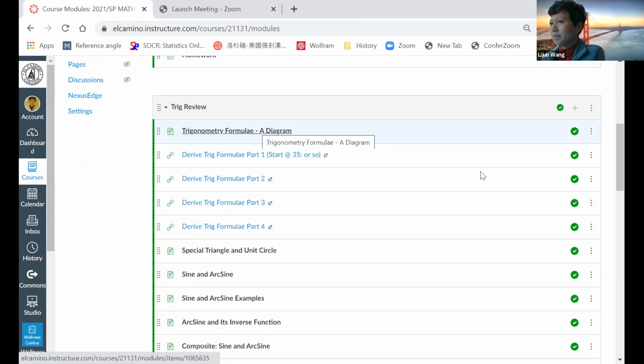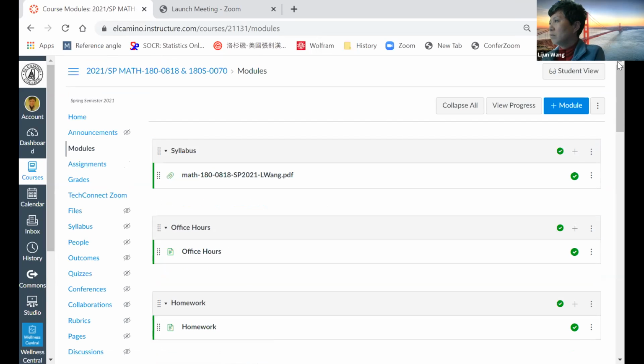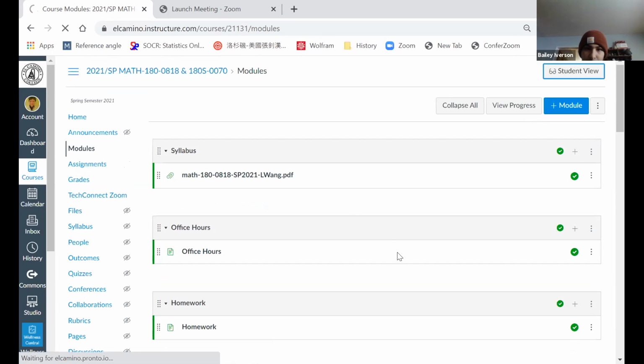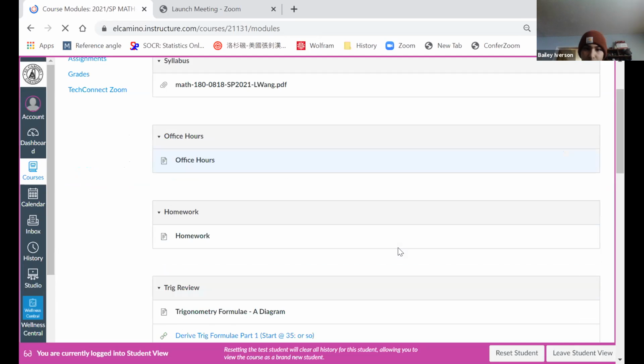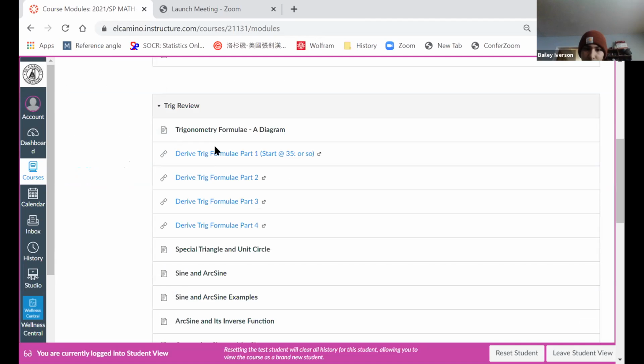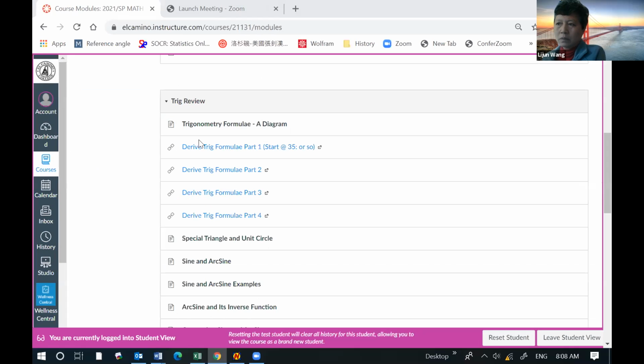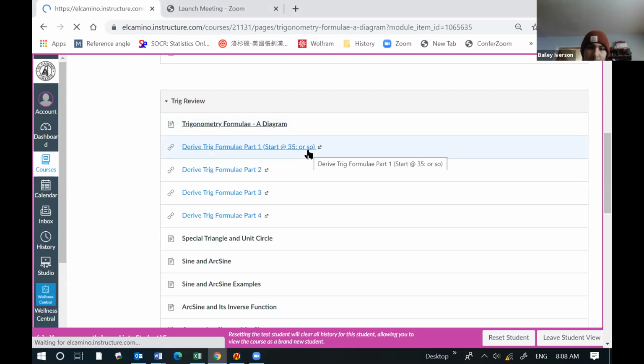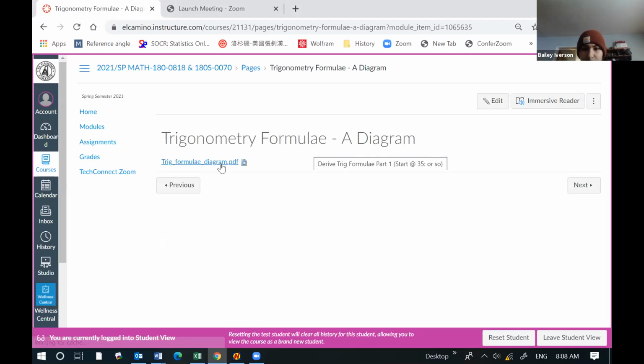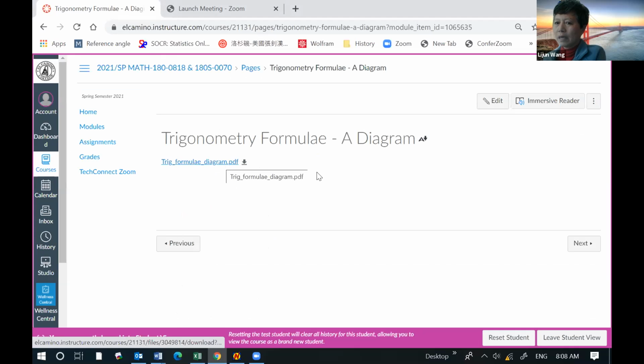Do you see that? Yeah. This is the trig formula diagram. Do you guys see that? Yep. Right here. Okay, click on it. There's a PDF file of that page of formulas.